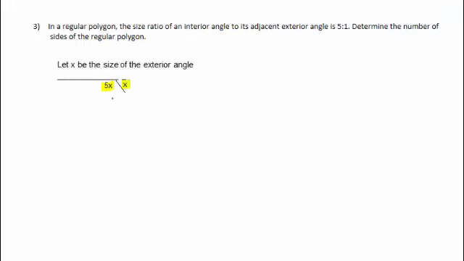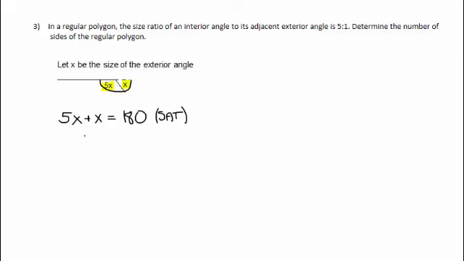The next thing we need to do is solve for x. From this equation and the diagram, hopefully you can see that we can use our supplementary angle theorem, because we know that these two angles total 180 degrees. So 5x plus x equals 180 by our supplementary angle theorem.